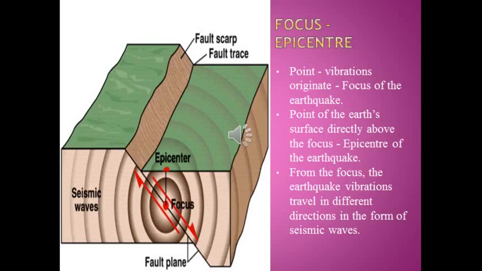The point of the earth's surface directly above the focus, where we feel the earthquake, is called the epicenter of the earthquake. So focus is the origin of the earthquake, and epicenter is the place where we feel the earthquake.